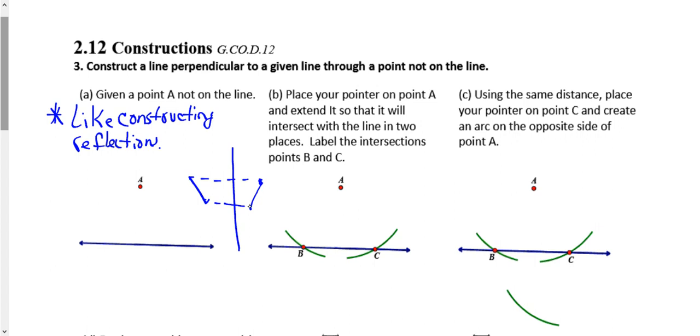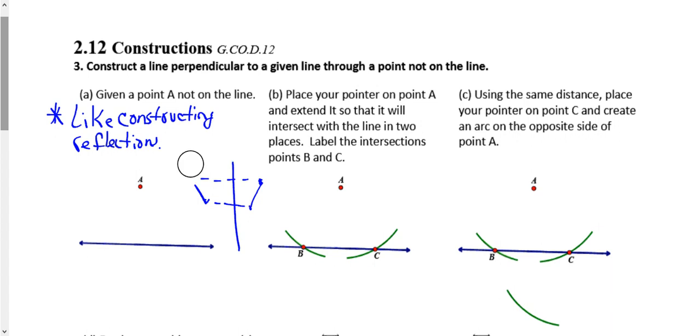Imagine I do that symmetrically. This line of reflection, for these paths, you got by doing what construction? It's the one we just did a moment ago. You remember the problem where they gave you the reflection and then asked you to construct the line of reflection? What did you do? You drew one segment between two corresponding points and did the perpendicular bisector.